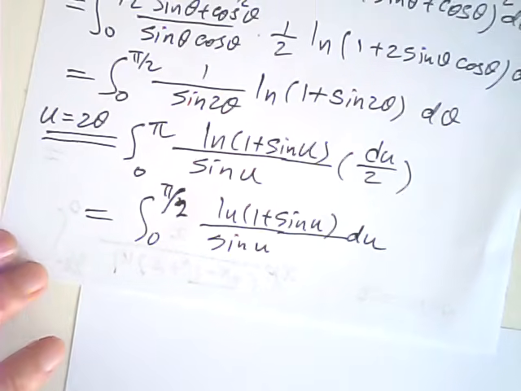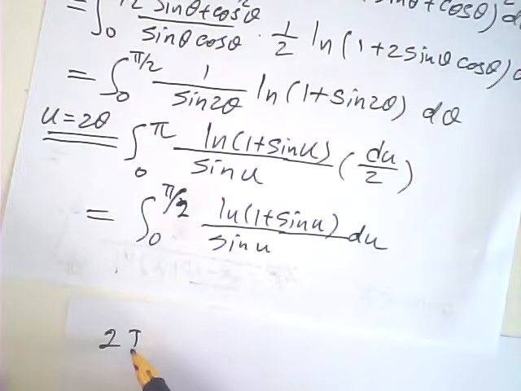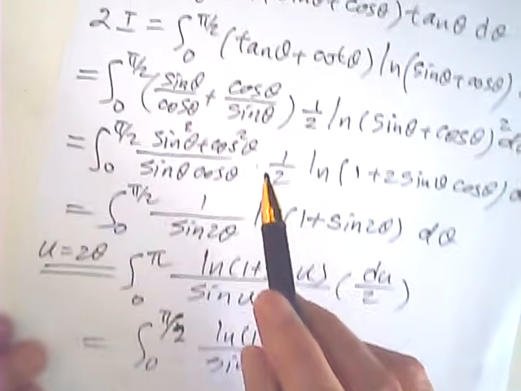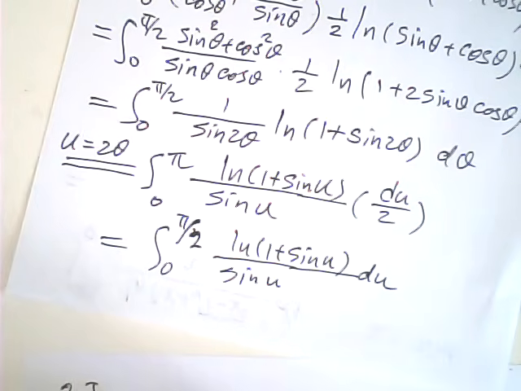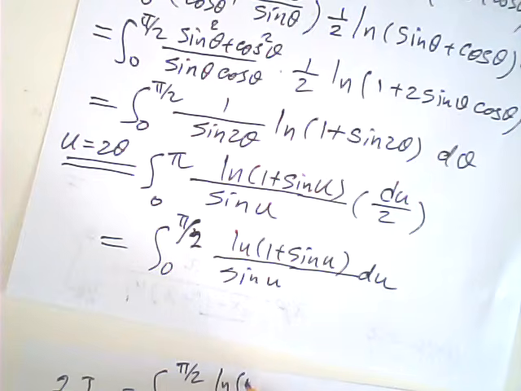So my 2I is equal to the integral from 0 to half pi of sine u times log of 1 plus sine u du.